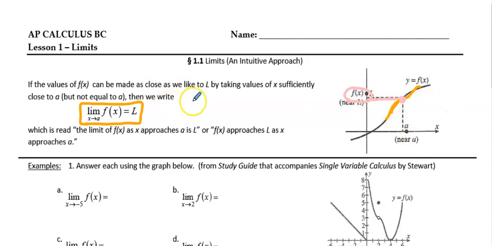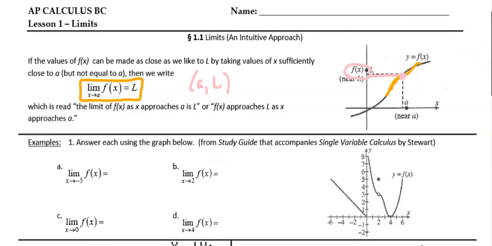So this is really going to be the point (a, L). When we're looking at the limit as x approaches a, what is the corresponding y value? Now that's a very basic definition of a limit. It's not truly a limit, but that's the idea of what you're going to be looking at.